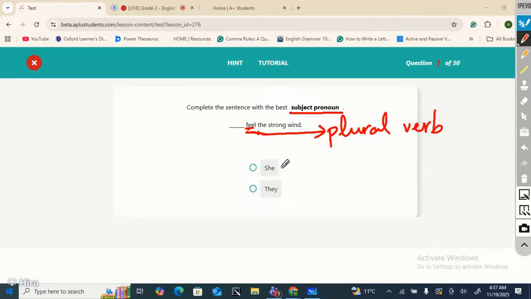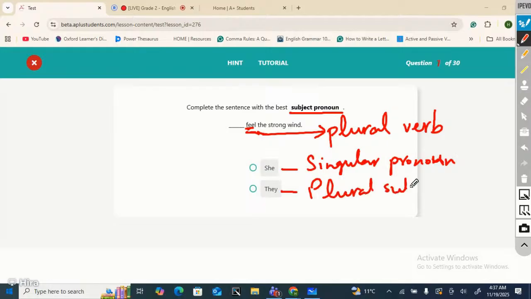Which one is plural subject pronoun? She? No. It names one person. Singular subject pronoun. They, used for more than one person. It's a plural subject pronoun. The verb is plural, we need a plural subject pronoun.